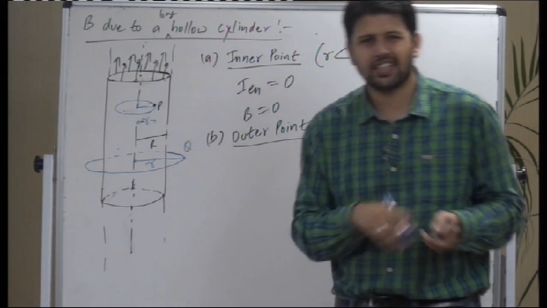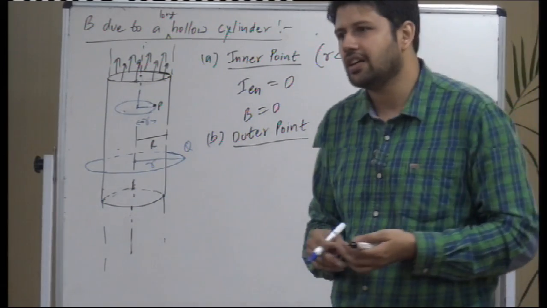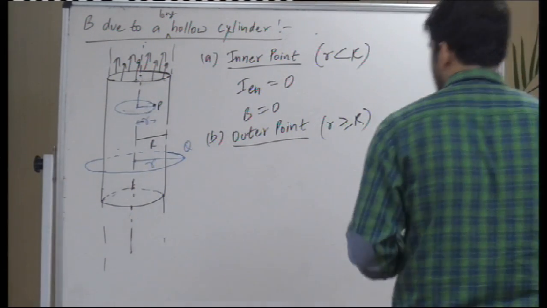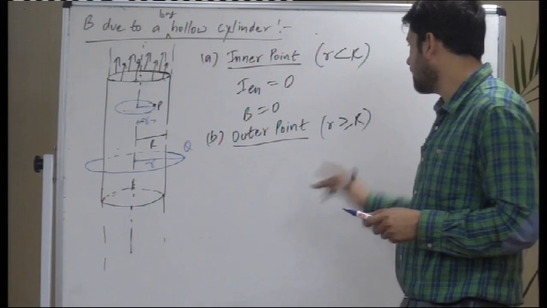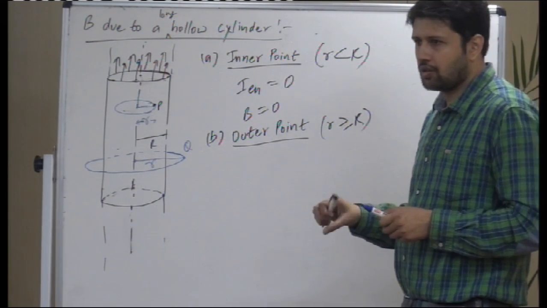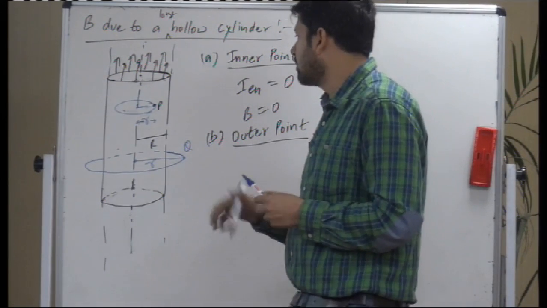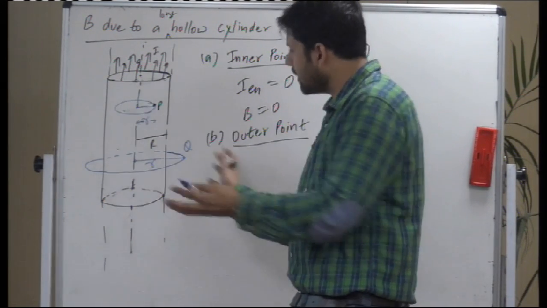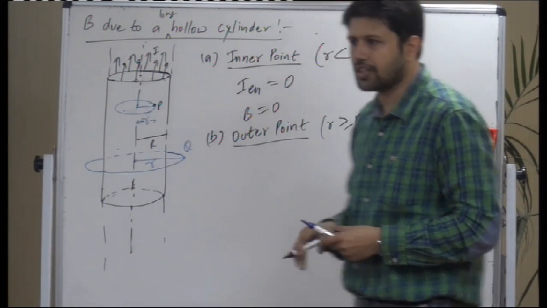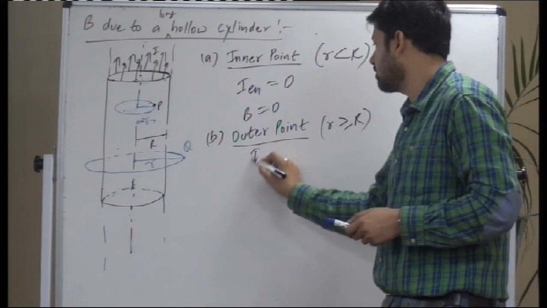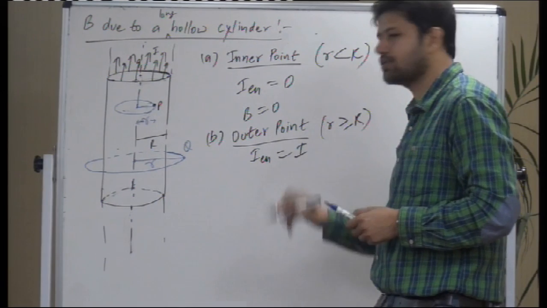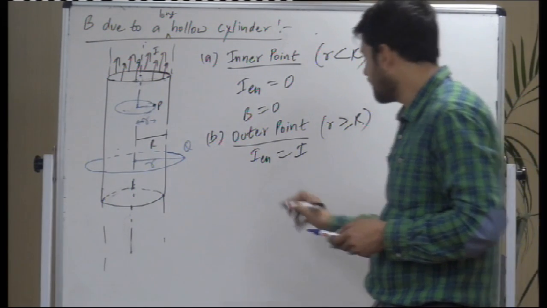We always take small r as the distance. Why? Small r is considered a variable in all these cases. So for an outside point, small r is the given condition. Now the whole of the current is inside the loop. So the right hand portion would always have I enclosed equal to I, but let's find the left hand portion.